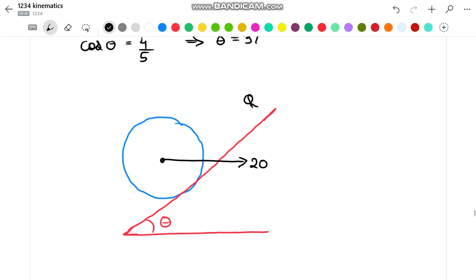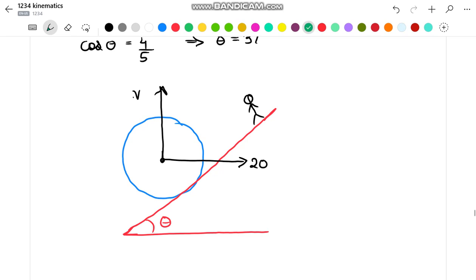Since we are seeing the sphere from the frame of reference of the wedge, the relative velocity of the sphere will be 20 meter per second towards the right, and the wedge is assumed to be at rest in its frame. Also, we will have a velocity v of the sphere in the upward direction.